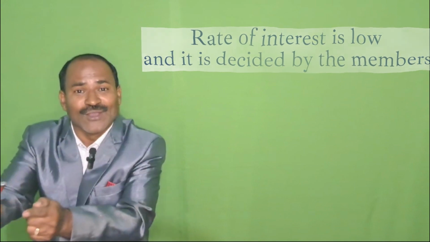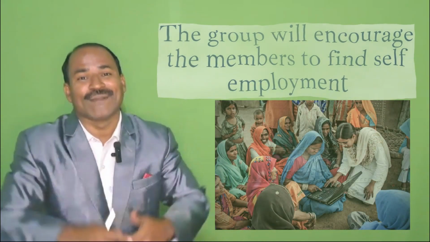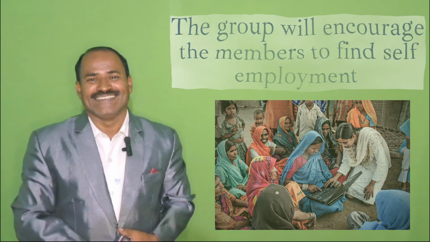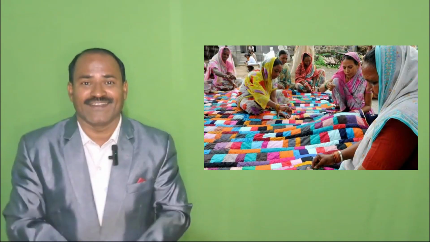And also it will help us to increase self-esteem, self-respect, and they may increase self-employment opportunities. Self-respect, self-esteem and self-employment will be developed through the SHG. Unemployment and the poverty problem will be eradicated.